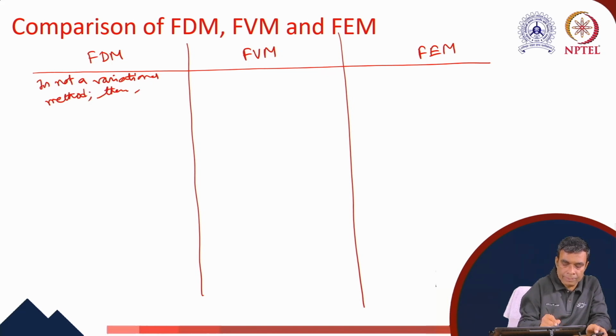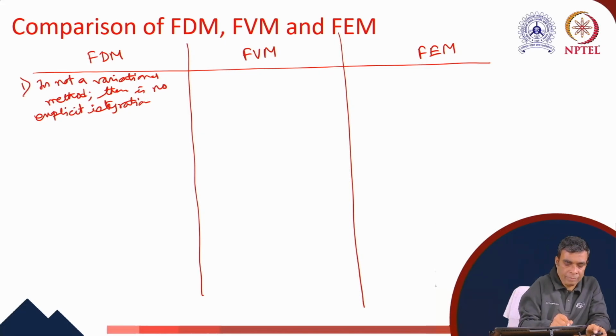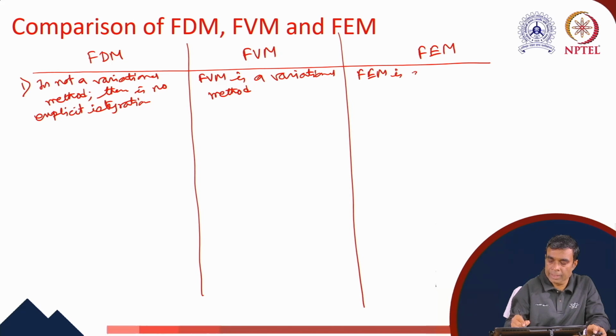There is no explicit integration. In fact, FDM is equivalent to numerical differentiation. This is the first point. FVM is a variational method. FEM is an improved variational method.